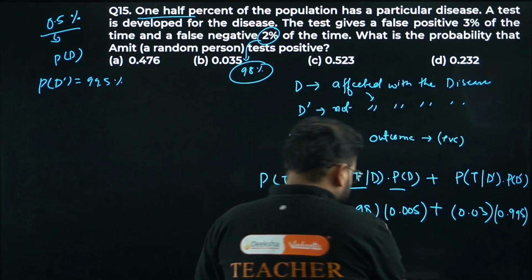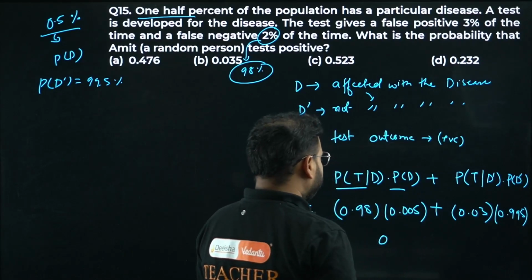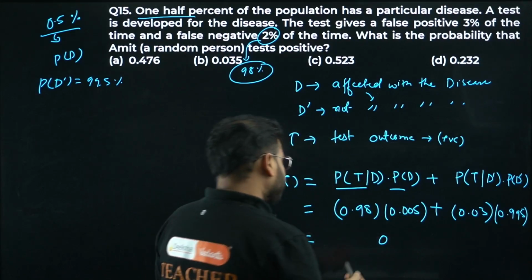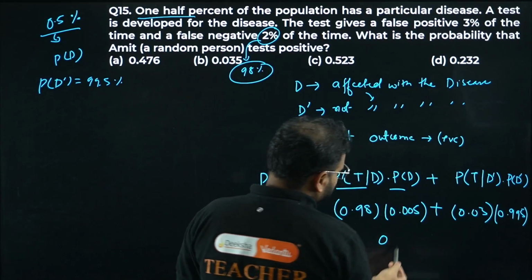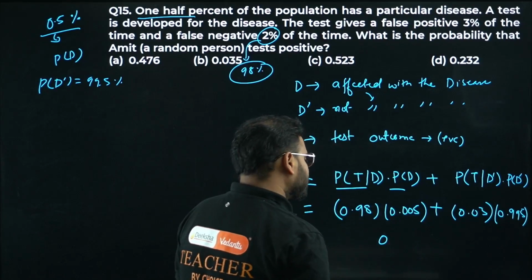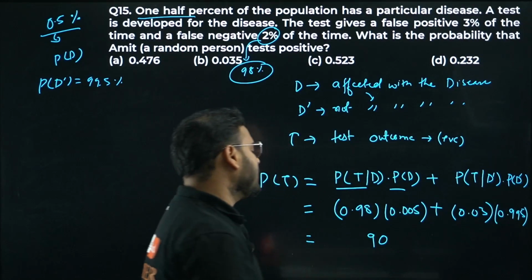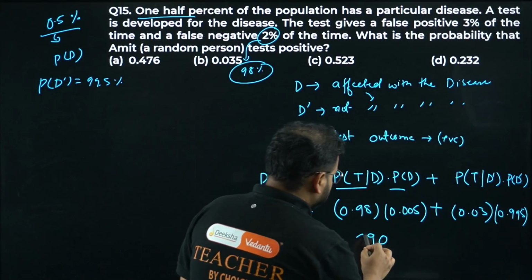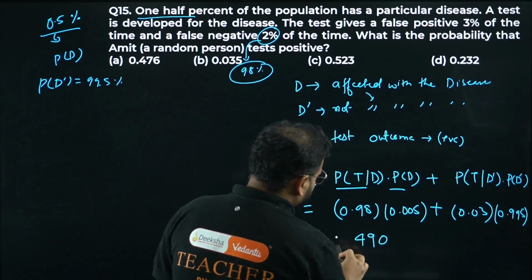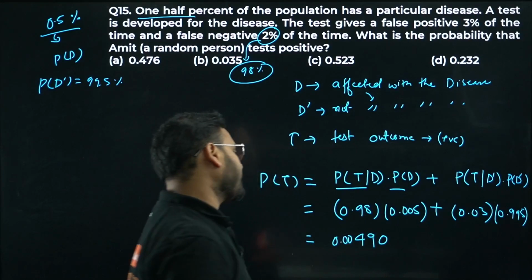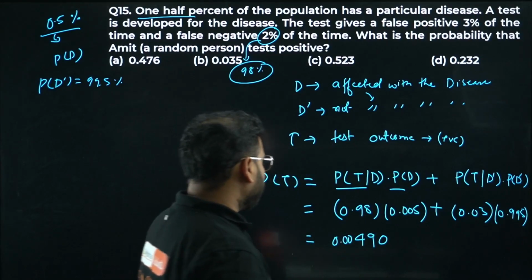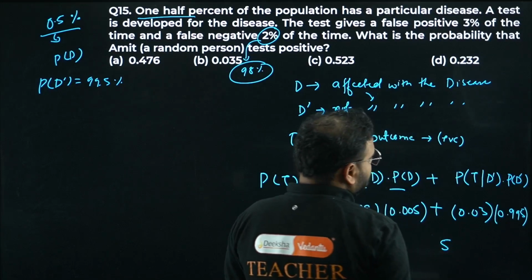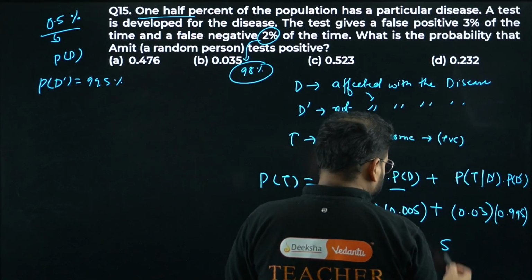8 5s are 40, carries 4. 9 5s are 45 plus 4 is 49, carries 4. Then 3 plus 2 5, so 0.00. Next we'll multiply these two. 5 3s are 15. 9 3s are 27.